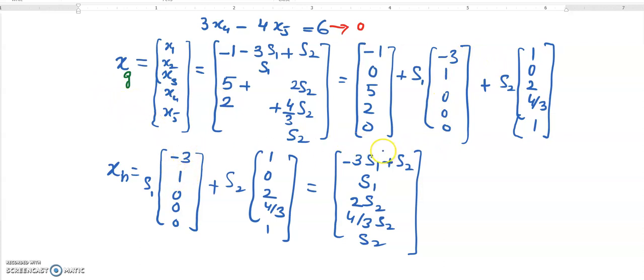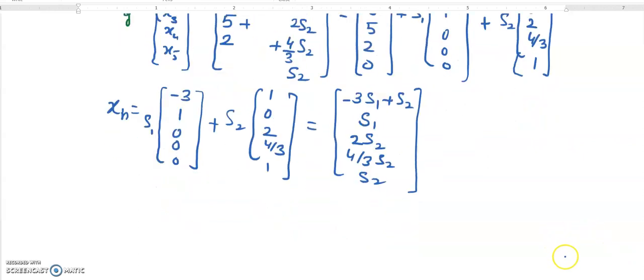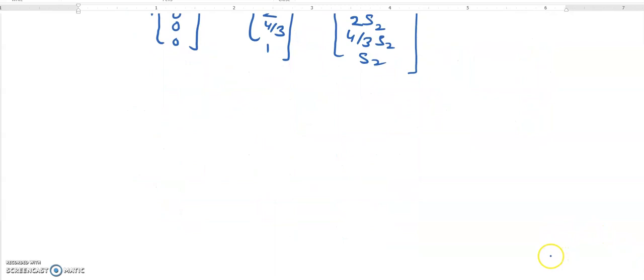Okay, so here I am just telling you about that, but I need to also show whether it is really that part. So for this I can write this system into the augmented matrix, and then we can prove it.